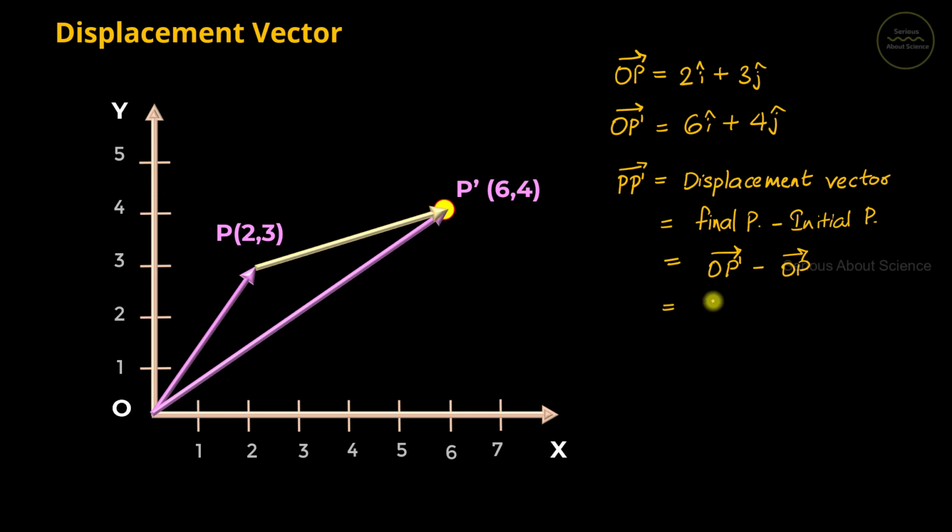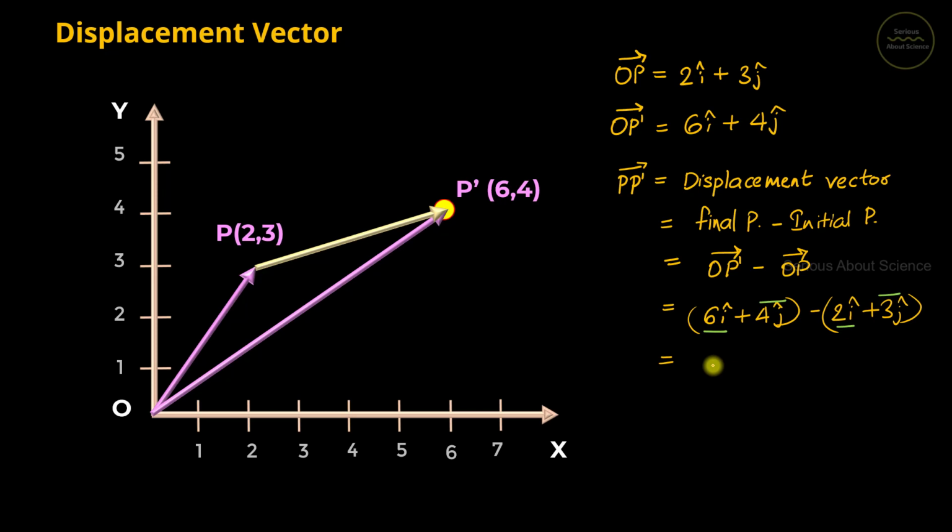If I evaluate, it becomes (6 i cap plus 4 j cap) minus (2 i cap plus 3 j cap). Now while evaluating unit vectors, we should always add or subtract the like terms. So here the like terms are 6 i cap and 2 i cap, 4 j cap and 3 j cap.